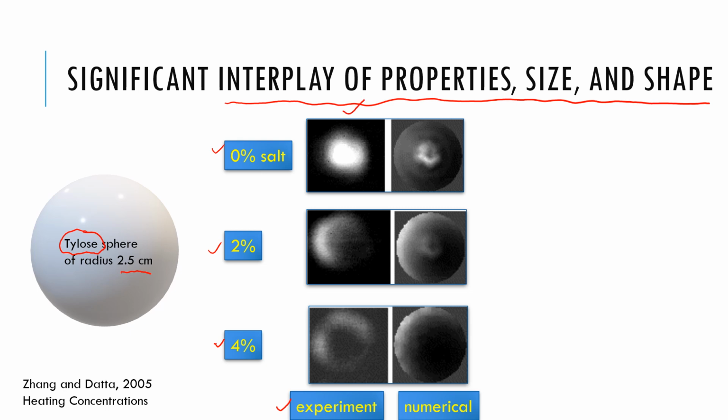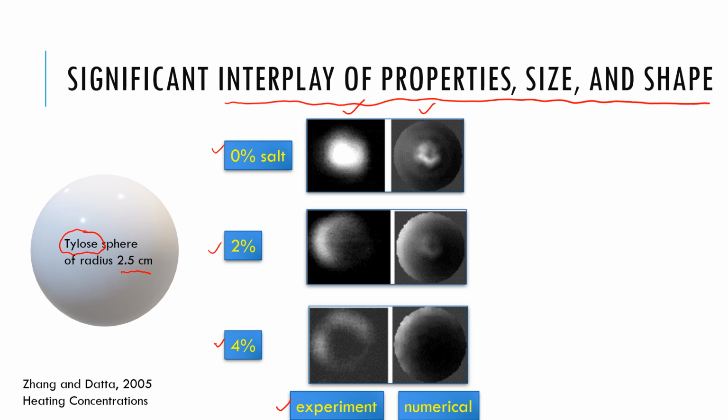So these are temperatures, not heating rates or power deposition, because we're doing experimental measurements of temperature. And on the right side is a full thermal electromagnetic coupled simulation of the Maxwell's equations describing electromagnetic waves, calculating the temperatures at the same time for the three different salt concentrations.